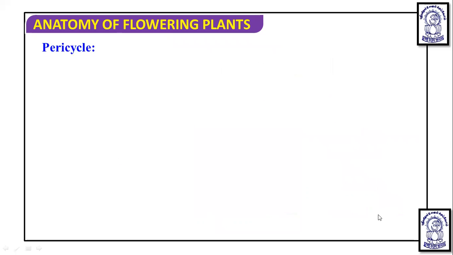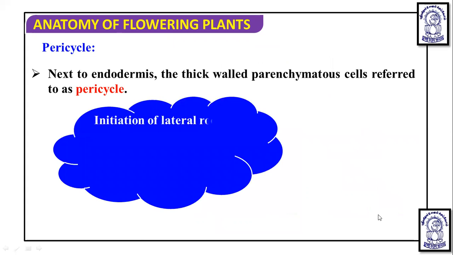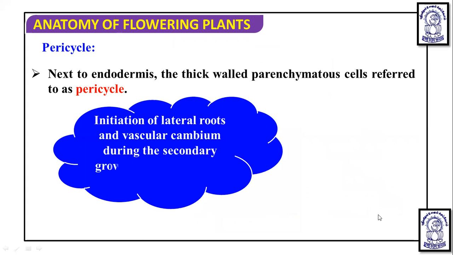Now, endodermis is not actually a part of stele. Next to endodermis, the first layer in stele is encountered, and it is made up of thick walled parenchyma, referred to as pericycle. Okay, it is pericycle. We have studied that in parenchyma there is also a thick walled type known as prosenchyma, so obviously this pericycle consists of prosenchyma.